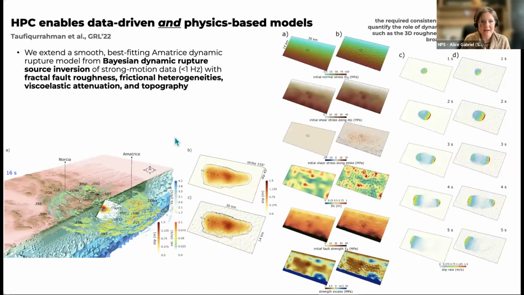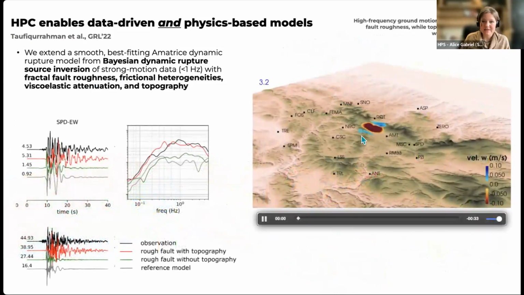So that is a paper that has been published that I'm highlighting here, where we're using this low frequency fit of dynamic source inversion, and we're extending this with more physics, for example, fault roughness and topography. This is just a nice animation.